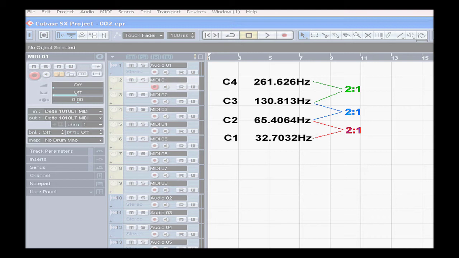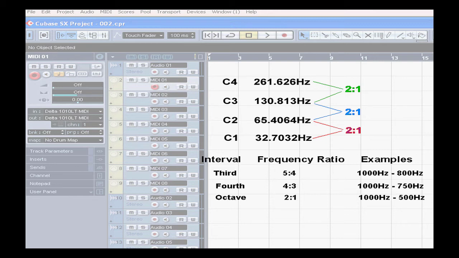The C below, C3, resonates at about 131 Hz. And the C under that one, C2, resonates at 65.4. The lowest C on the piano, C1, resonates at 32.7 Hz. So here you can see this 2-to-1 ratio in action between the octaves of the Cs on your piano.